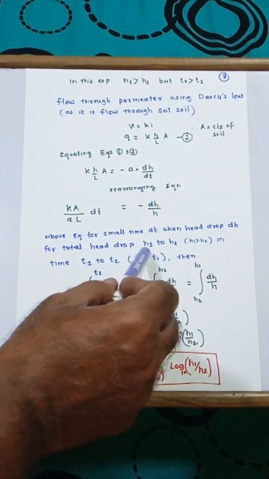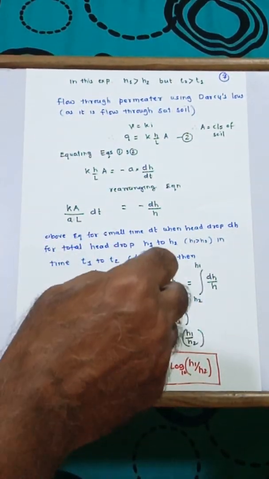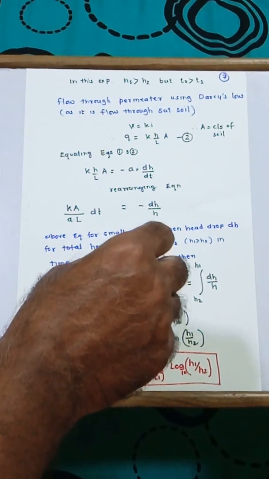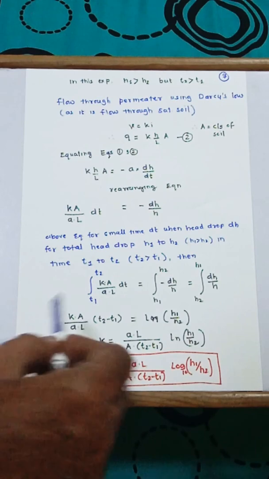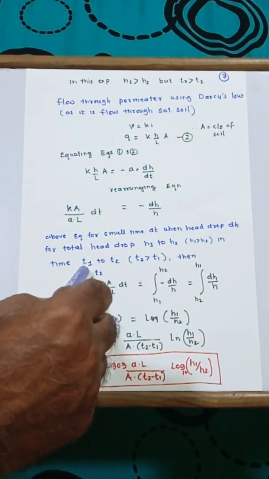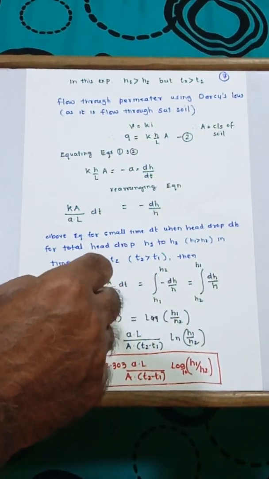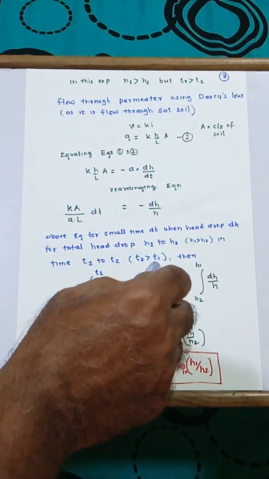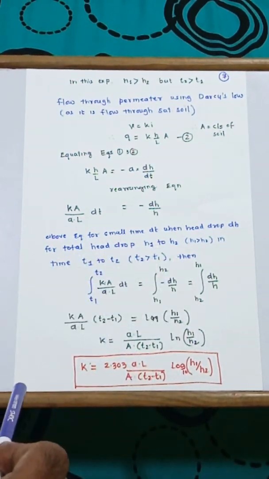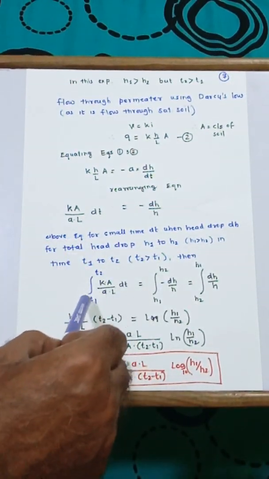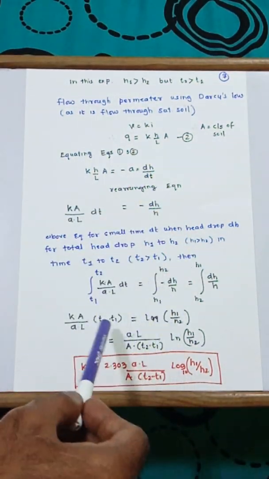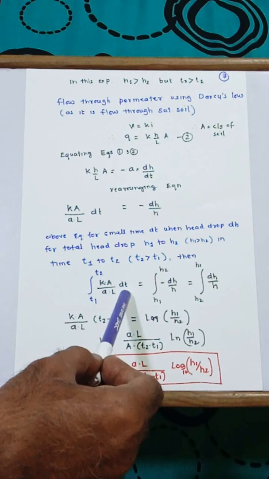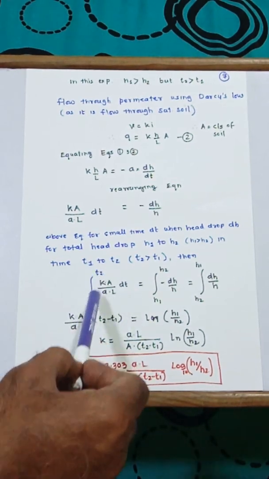Now for the entire head drop in our figure, we consider head loss from h1 to h2, initial to final, in a time elapsed of t1 to t2, where t2 is greater than t1. So we integrate this equation on both sides. The left hand side is with respect to dt, so time t2 to t1.